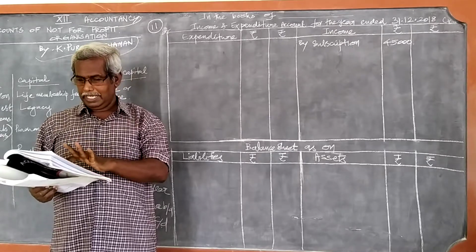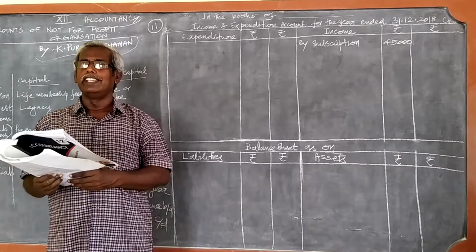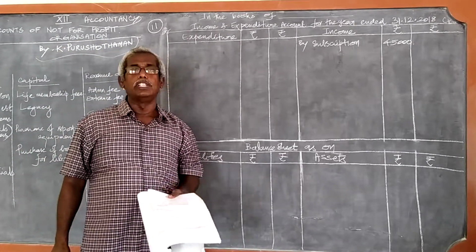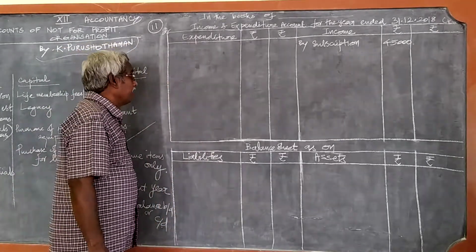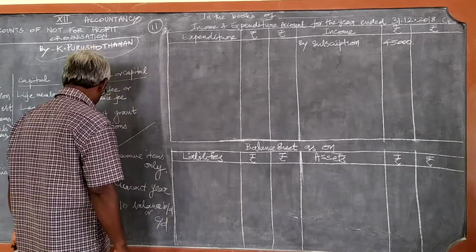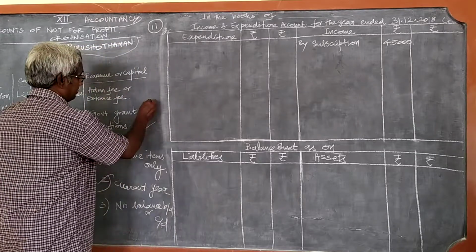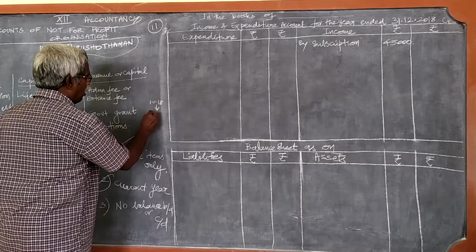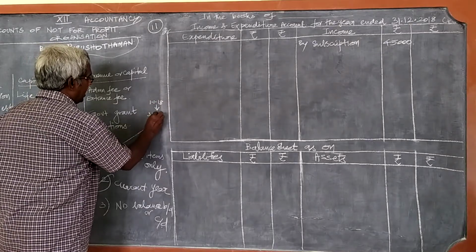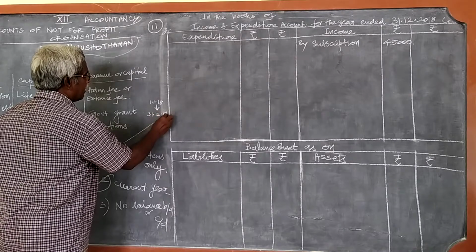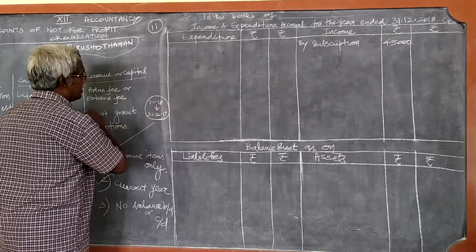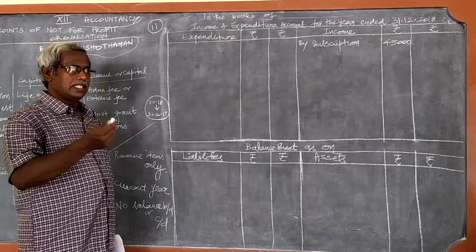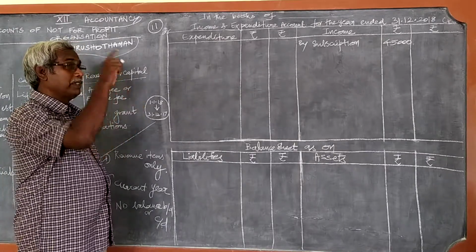So here 1/1/2018 outstanding means it must be 31/12/2017. That is the last year end. So this is the outstanding for the previous year.